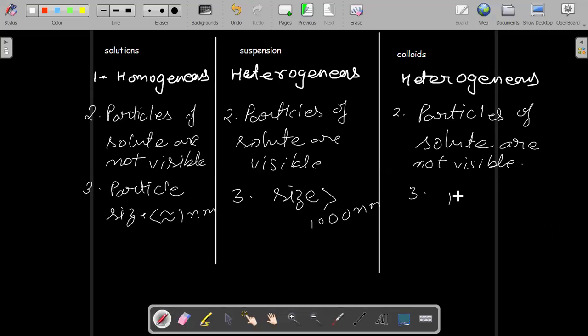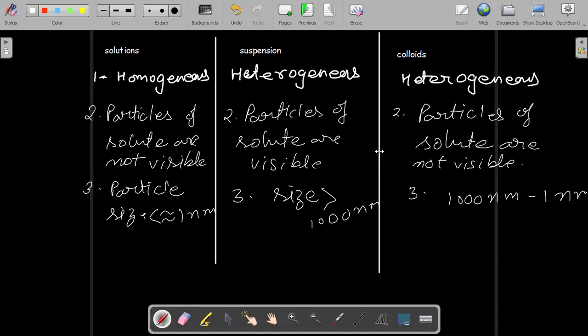Okay. Any other differences? Sharman, can you give any other differences between them?